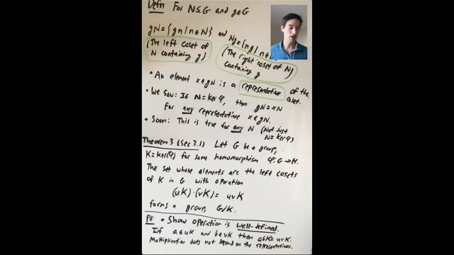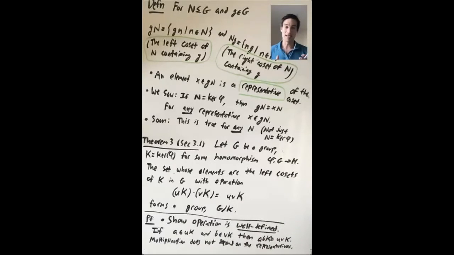So what we need to show is that if a is in uK and b is in vK, then aK times bK is the same thing as uK times vK. So it better be the case that the left coset of K containing ab is the left coset of K containing uv.